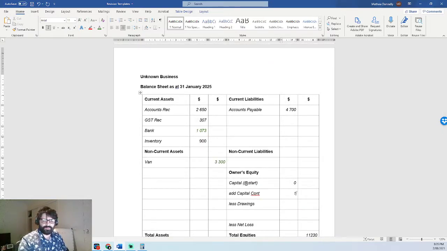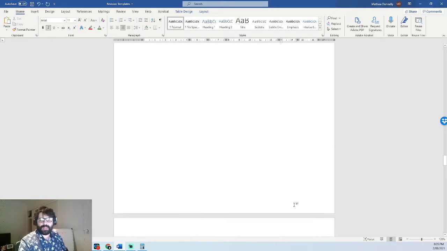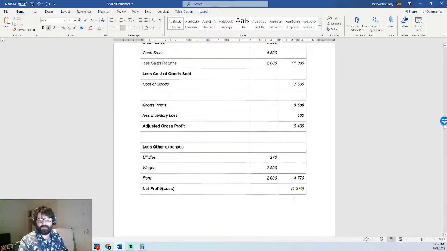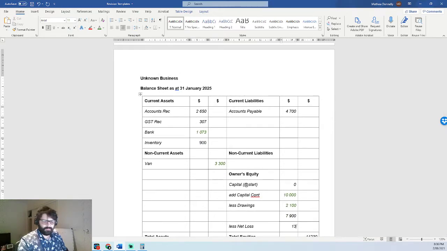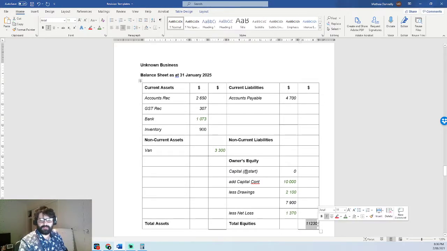We add a capital contribution of 10,000, which is green, and drawings 2,100. So that will be green there. So if we do a little subtotal, we see that becomes 7,900. The net loss for the period, if we go back up, 1370. That's green, and that plugs in there.